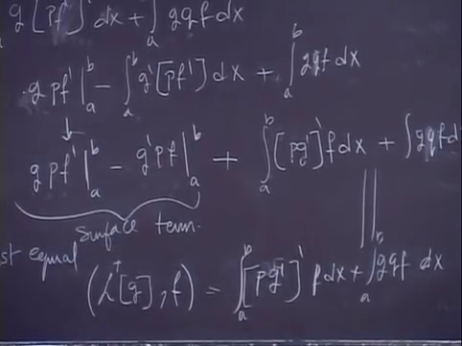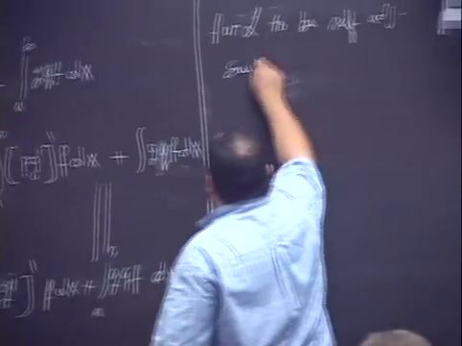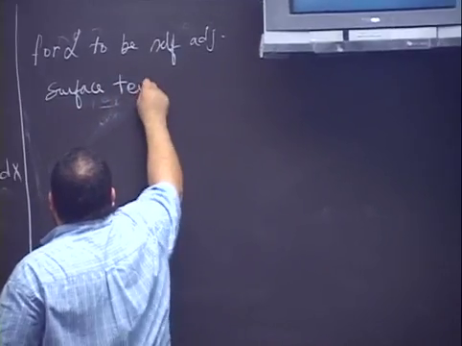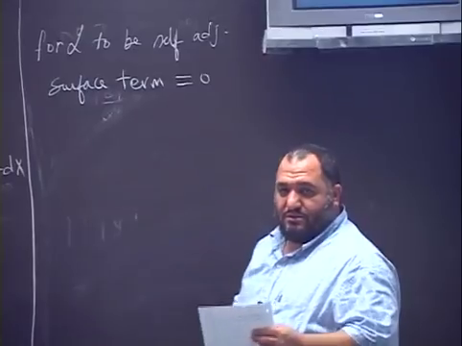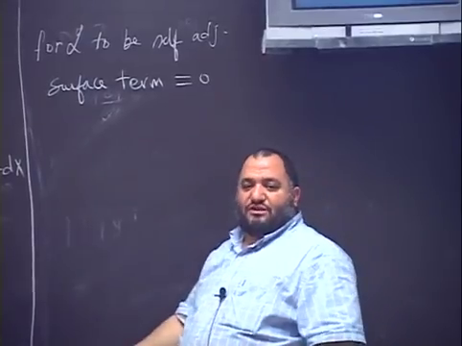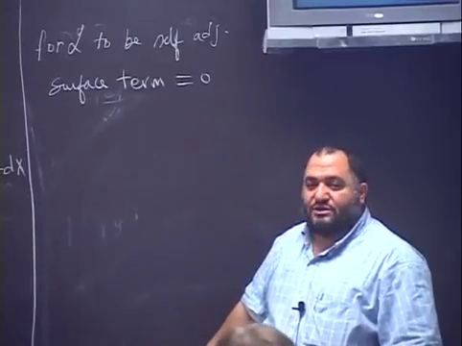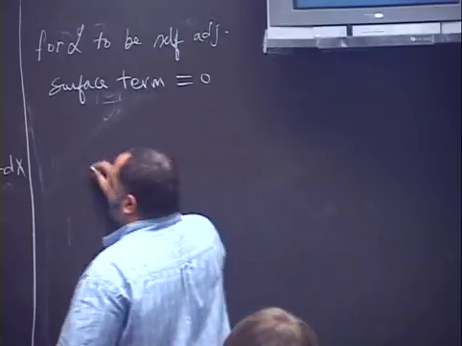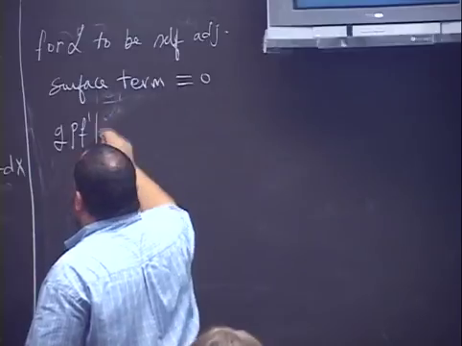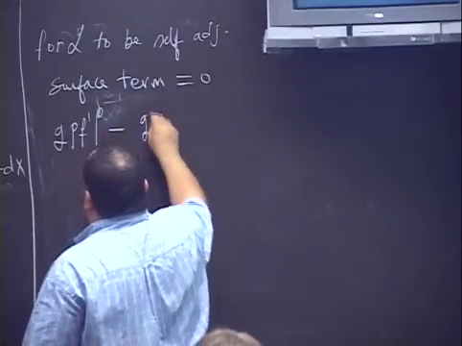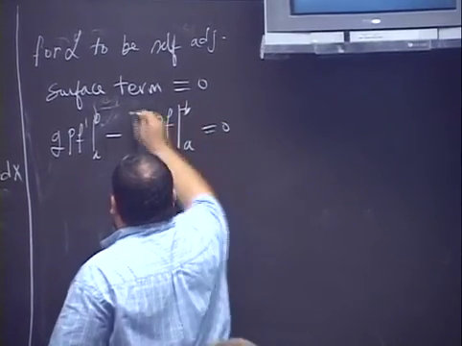The surface term should be equal to what? 0. So the surface term should equal 0, and this is the boundary condition. So the boundary condition needed for the operator to be a self-adjoint or Hermitian operator is that your surface term equals 0. And this surface term is just G P F prime from A to B minus G prime P F from A to B, which should equal 0.